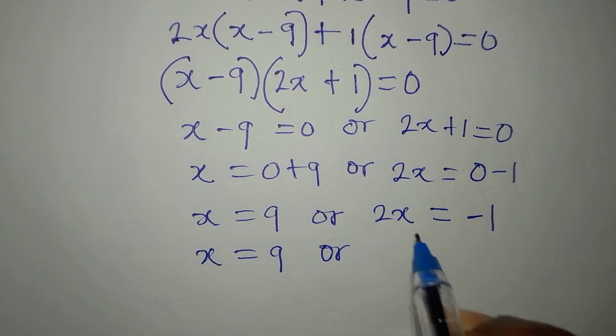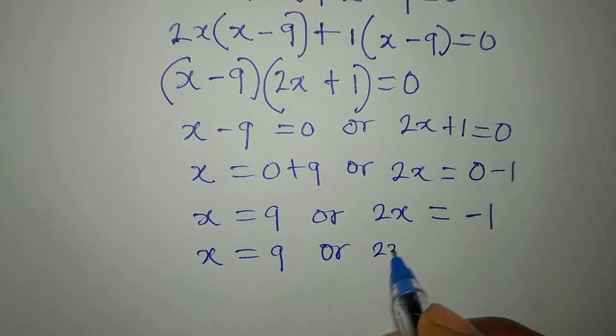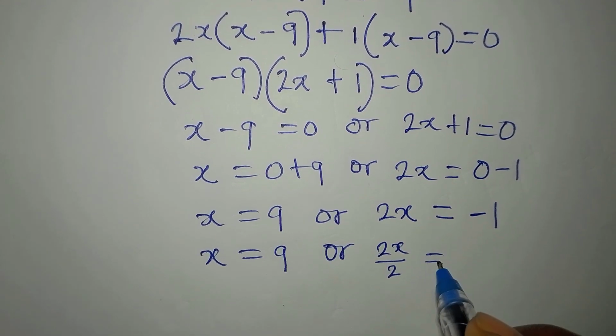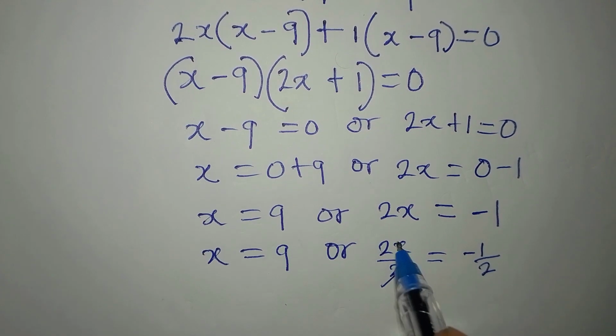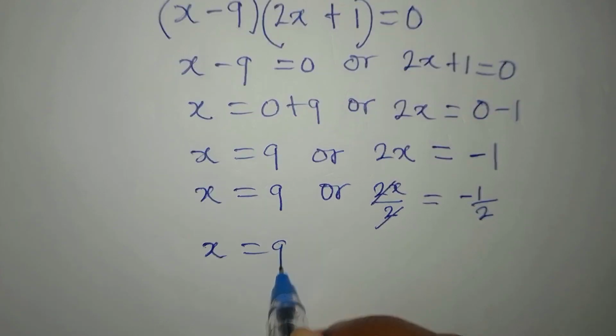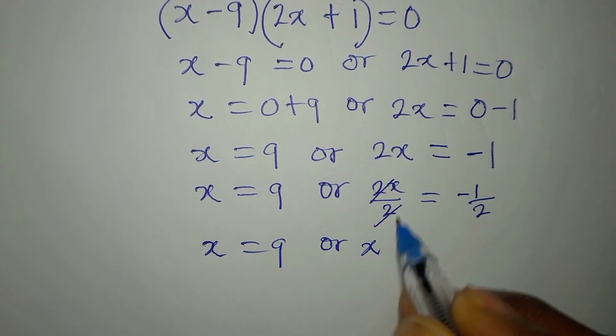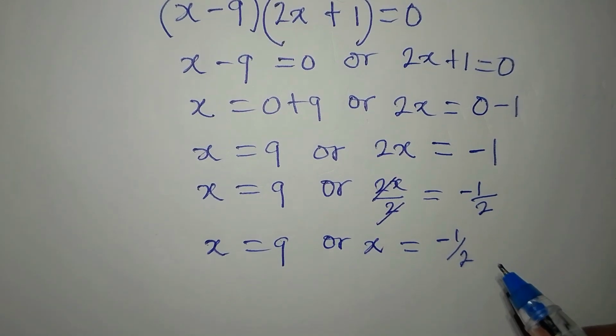We divide both sides by the coefficient of x, which is 2. So we'll have 2x divided by 2 equals minus 1 divided by 2. Remember that our x is still 9, or x from here is equal to minus 1 over 2.